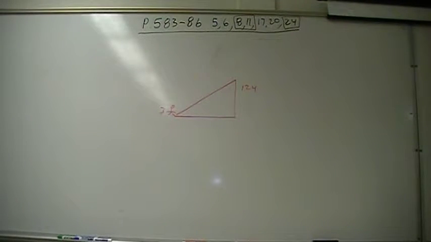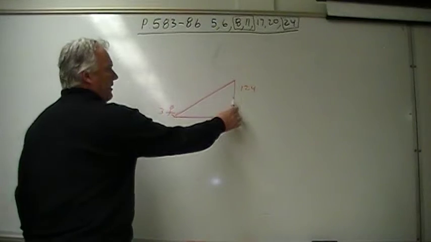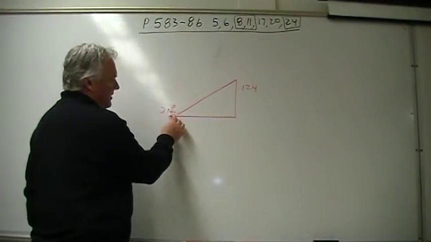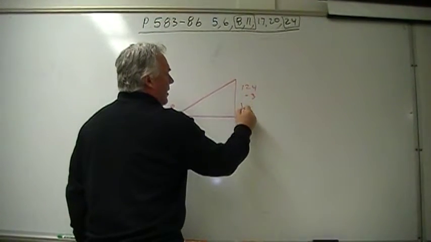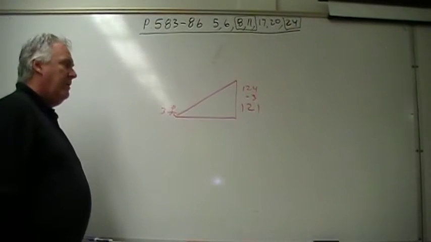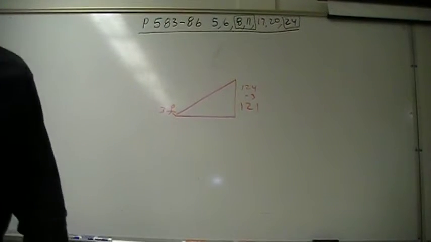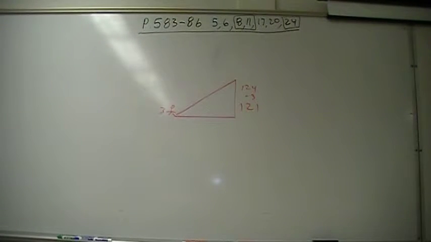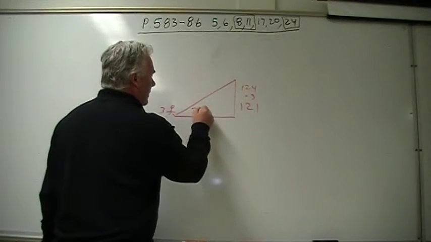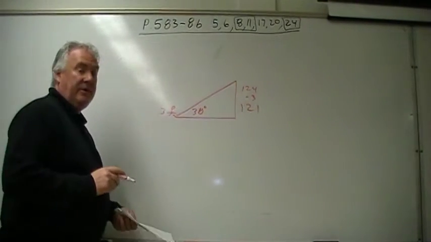So if the monument's 124 feet tall and the person is 3 feet, we're going to use 121 right there for that length on that side, and that's for the 3-foot tripod. We also need to know that the angle of elevation is 38 degrees.